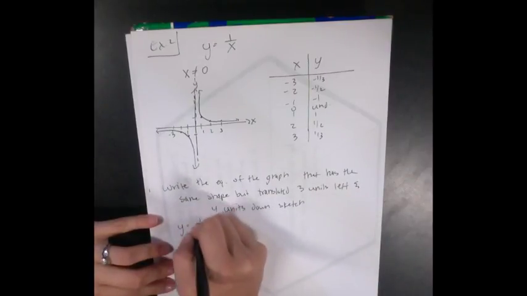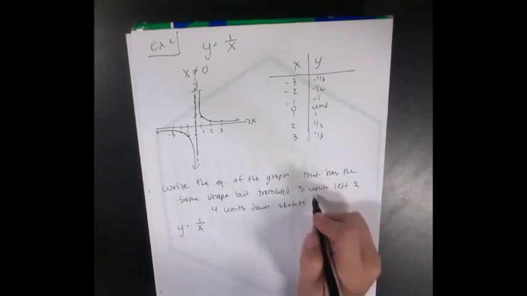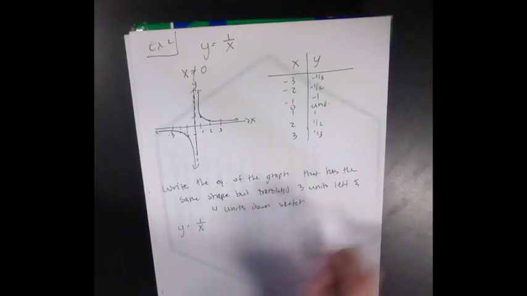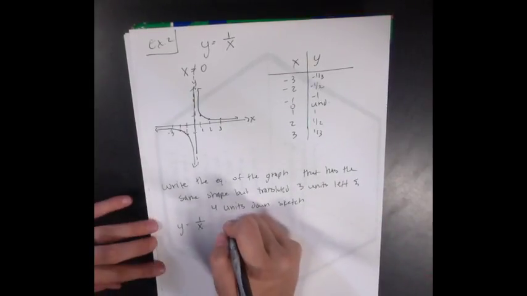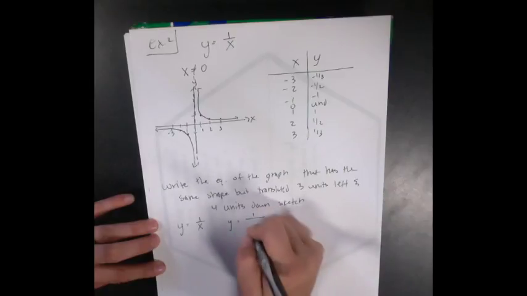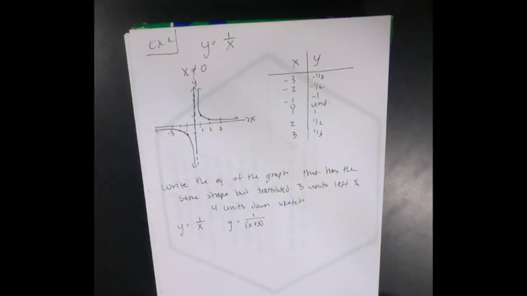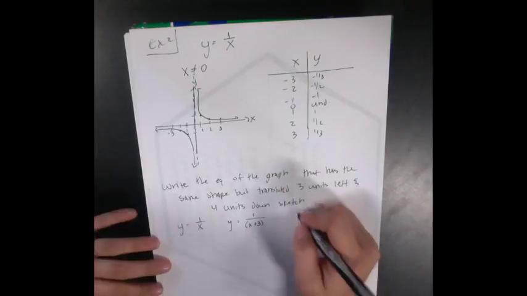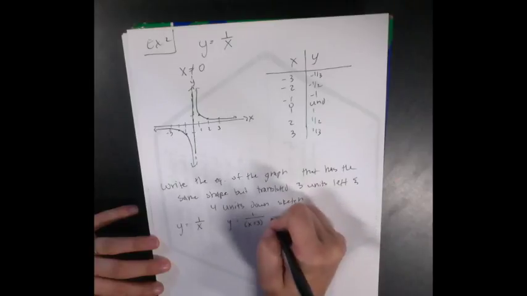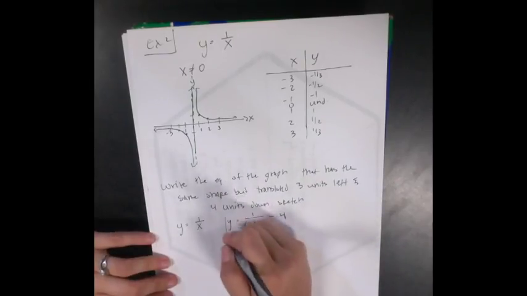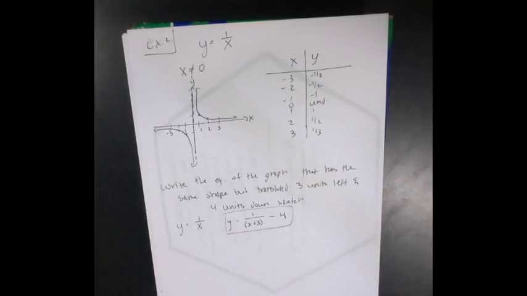So my first equation is this. 3 units to the left means I'm dealing with x, so on the bottom I will have x plus 3. Now, 4 units down, I deal on the outside with y, so I have -4 out here. That's all that it is. That's my new equation.